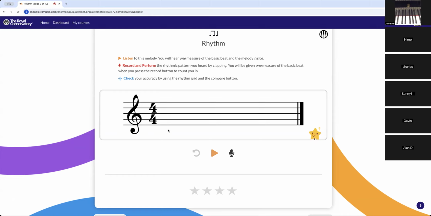So I will do the ta and ti-ti. Ta and ti-ti is like this. So this one is the rhythm.